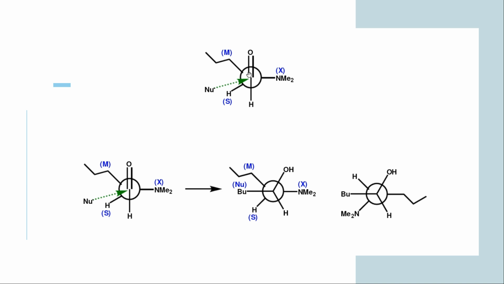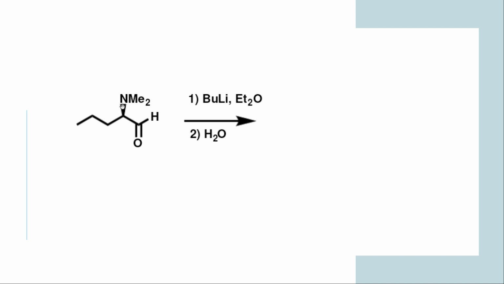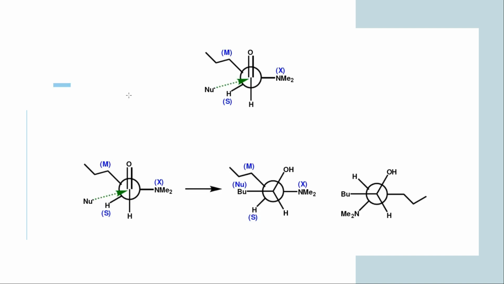After arranging it in such a way, if the substrate has an electronegative group at the alpha position, like in this case where you have an electronegative atom with lone pair of electrons, then you have to arrange it perpendicular to the carbonyl group.